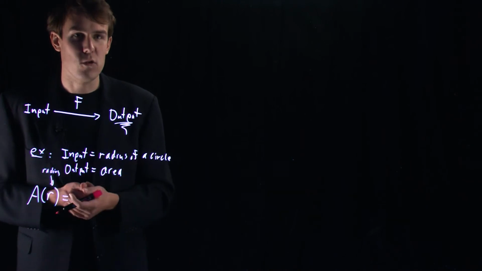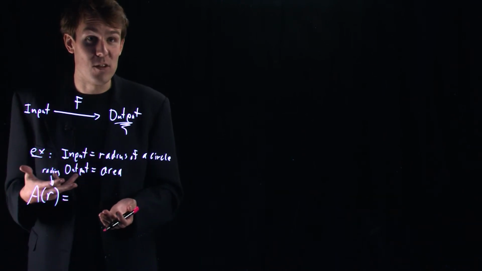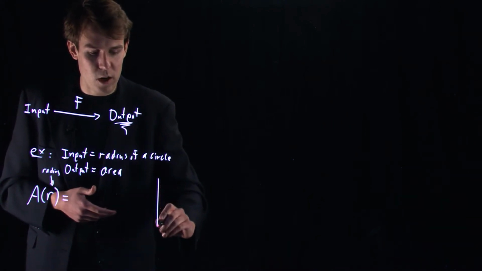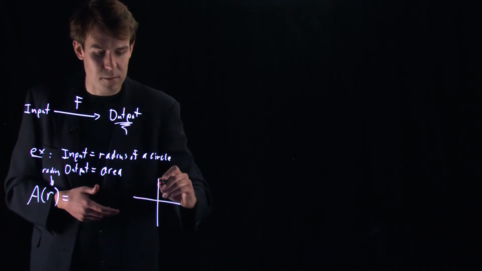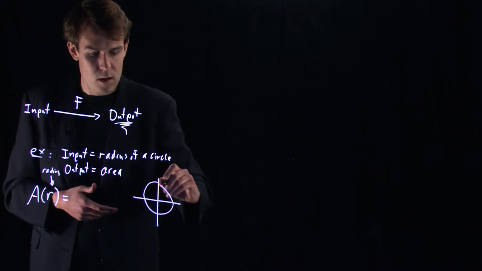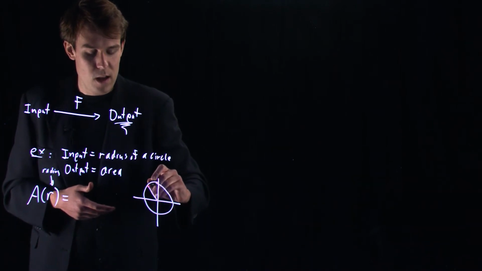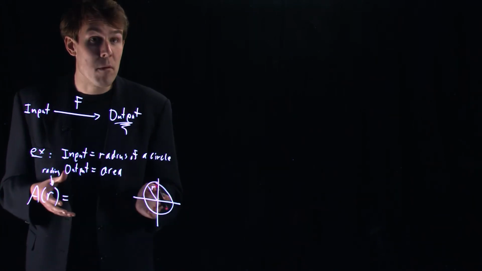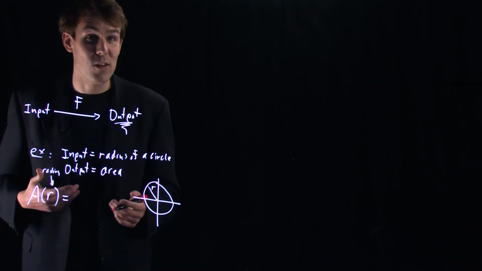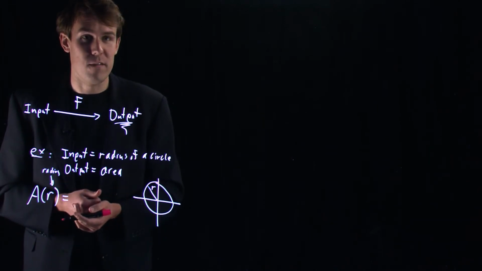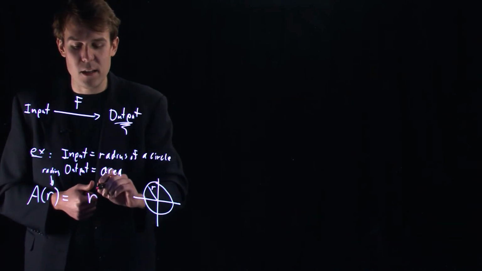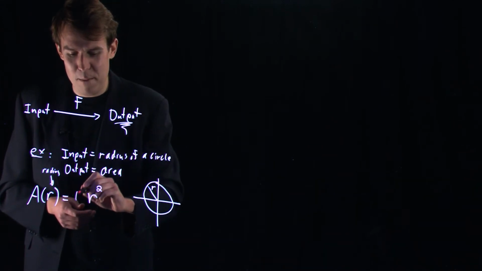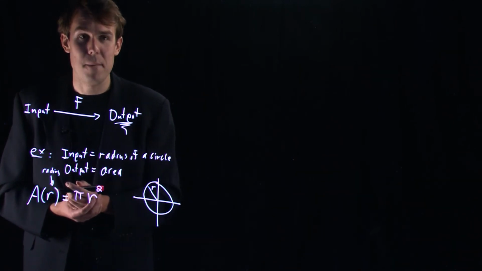So this is another way of saying, is there a formula for the area of a circle given its radius? Well, let's draw the picture, see if that helps us out. So I can think of a circle here, and this distance is its radius. Maybe you remember that the formula for the area of a circle is almost always given as a function of the radius, and it says what I need to do is square the radius and then multiply by a special constant, the constant pi.